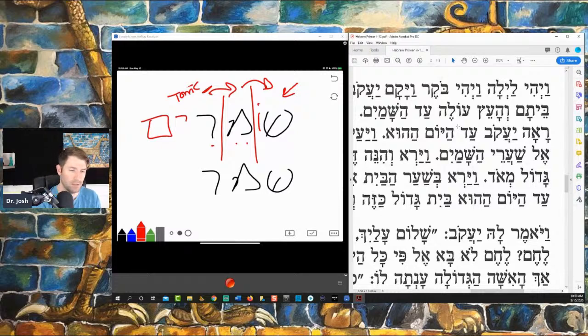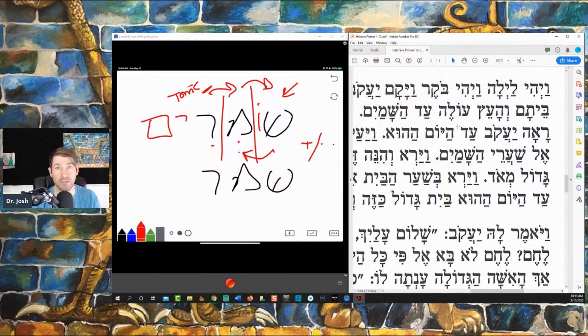Yes, it's open because it ends in this vowel, the shureq. So an open propretonic syllable, does it have a qamets or a tsere? No. If it did, we would reduce it to a shva, but it doesn't. So then what do we do? What's our next step? Right. We go to an open pretonic syllable. Is it open? Yes. Does it have a tsere? That's the rule. Does it have a tsere? And it does. And if it has a tsere, we reduce it to a shva.